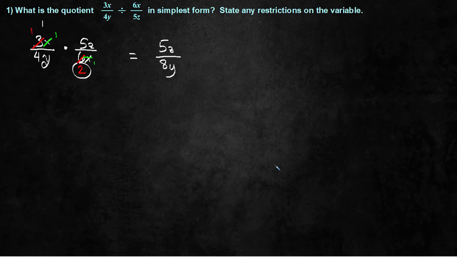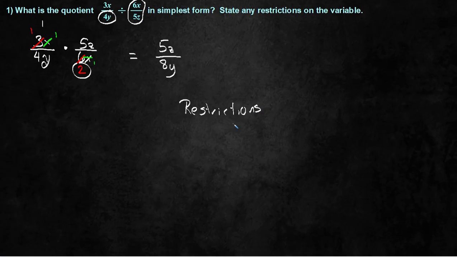Now, where it gets a little more complicated is in our restrictions. In your restrictions, you have to consider anything that makes a 0 in that denominator. Plus, you can't divide by a 0, so anything that makes this second fraction 0.